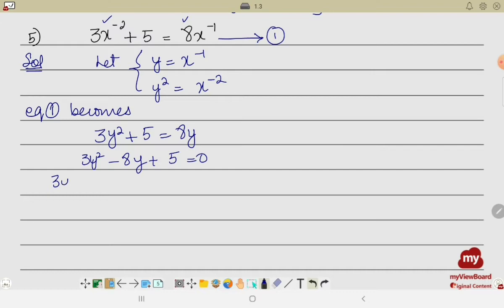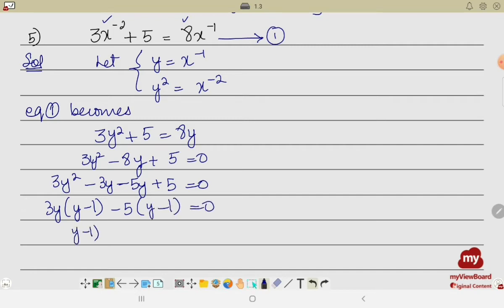So which two factors are we going to use? Minus 8y becomes minus 3y minus 5y, and if you multiply the two factors you will get 15. So we will take 3y as common, y minus 1. Here we'll have minus 5 common, y minus 1.